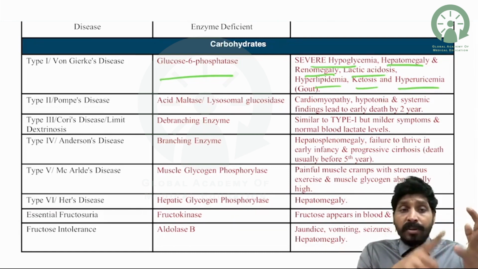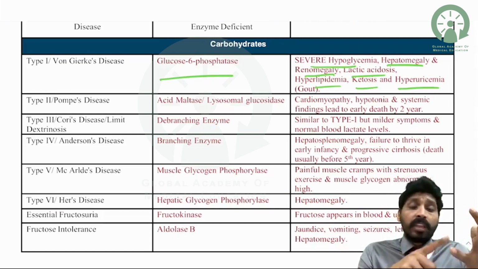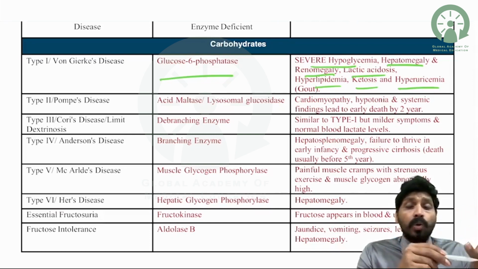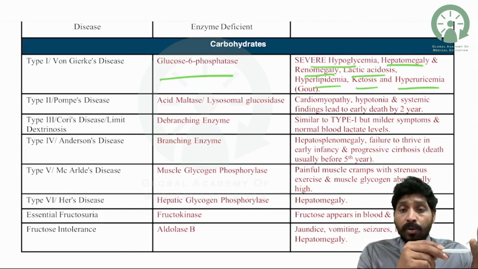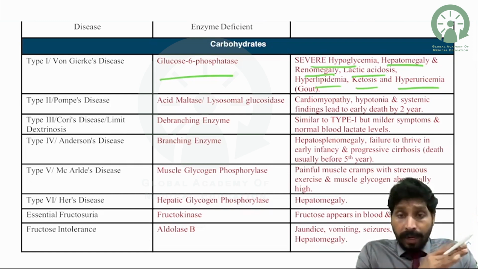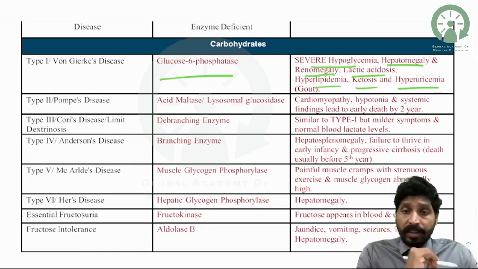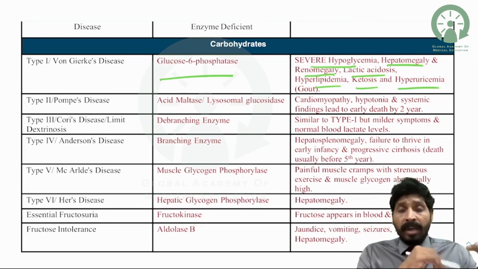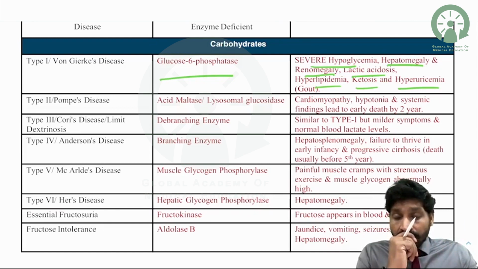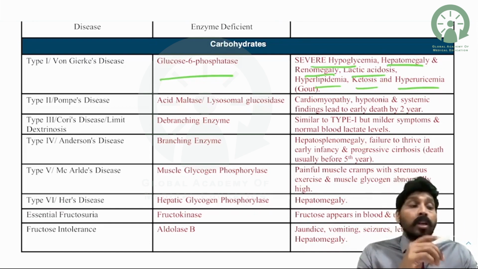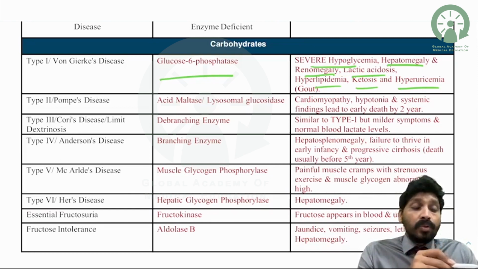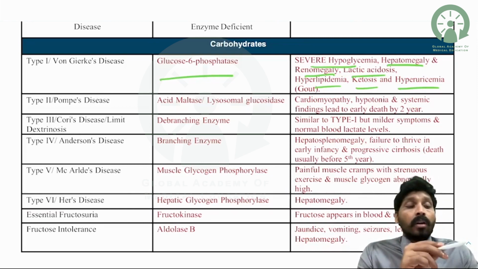Why is there a relation between Von Gierke disease and gout? Because in Von Gierke disease, glucose 6-phosphate cannot be converted into free glucose. So most of the glucose 6-phosphate will enter glycolysis, and some will be diverted to the HMP shunt, another minor oxidative pathway for glucose. What is the use of this? It is useful for nucleic acid formation.